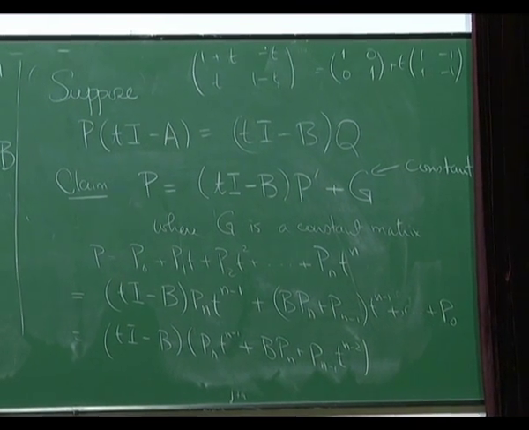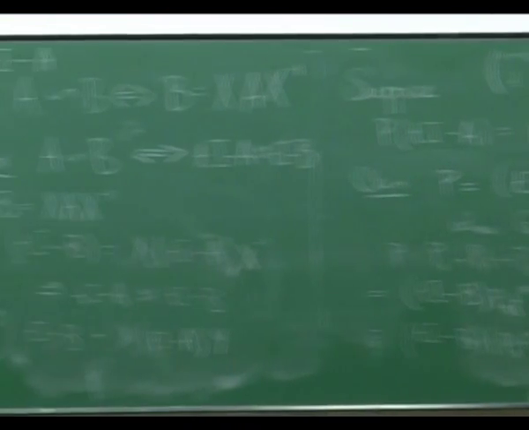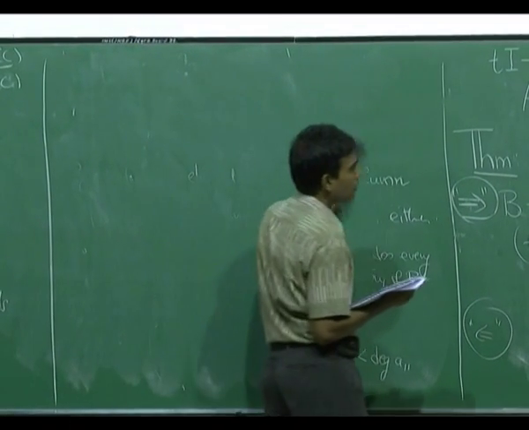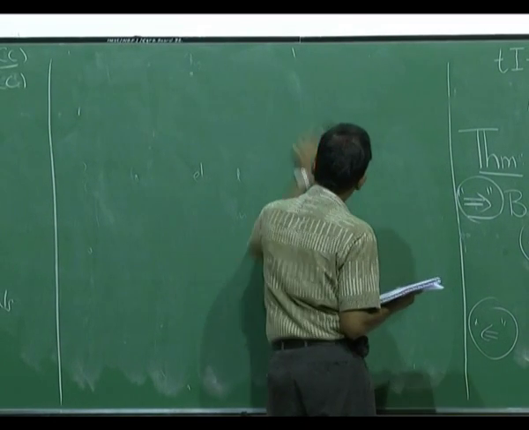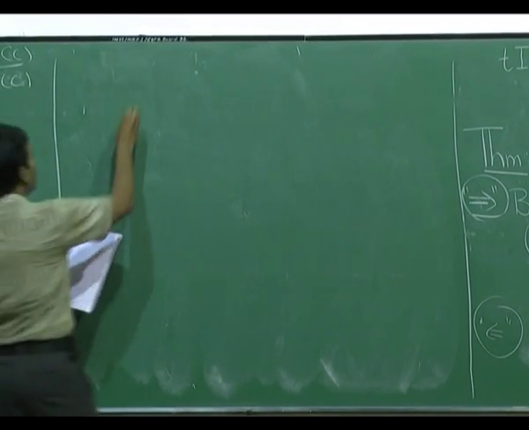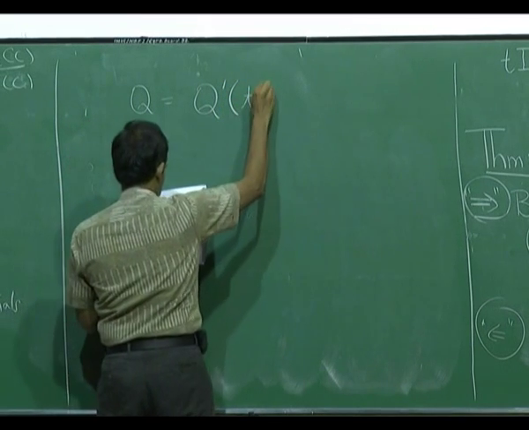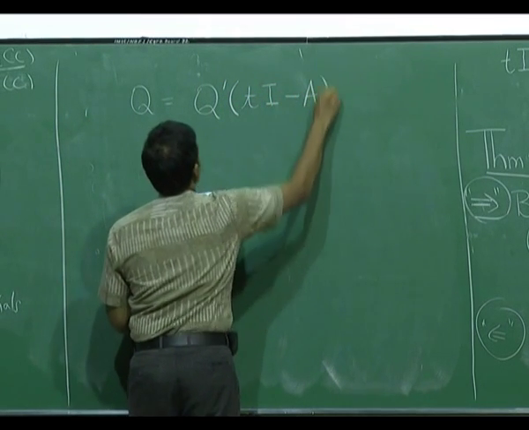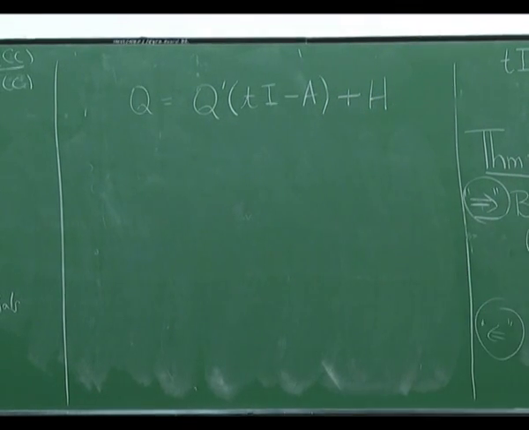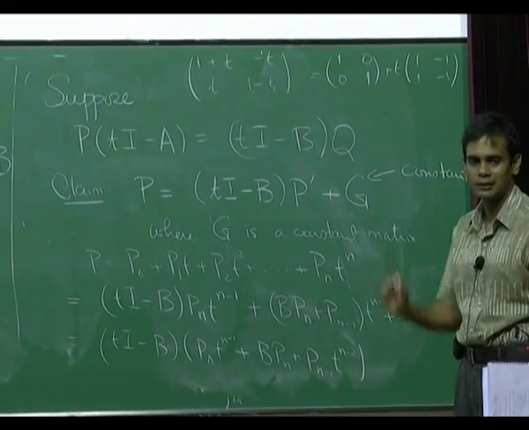And I can do a similar thing with Q. I can write Q in the form, it's slightly different, I'll do it on the right, Q prime (tI minus A) plus H. So here I had written it on the left, and there I had written on the right, because with matrices this makes a difference, left and right.